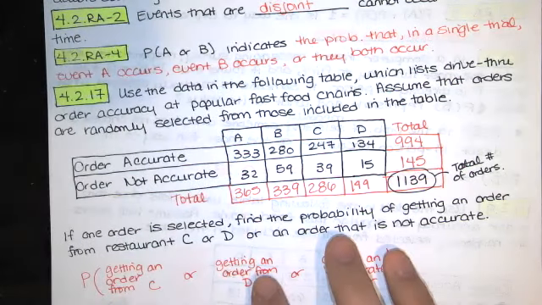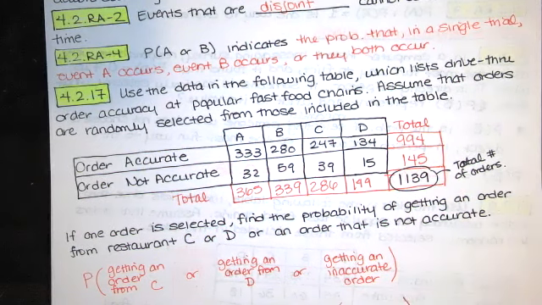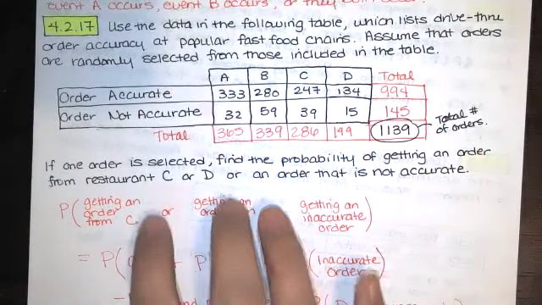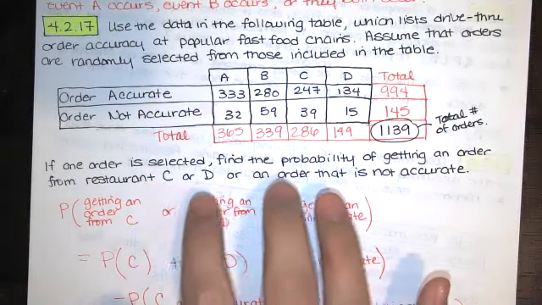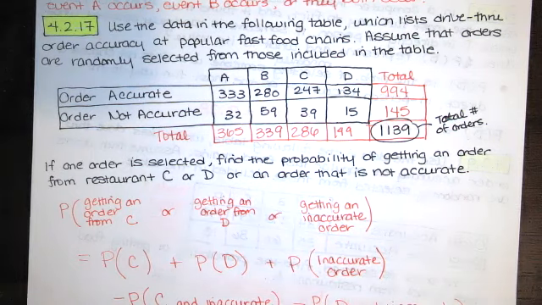Now I can answer this question. This says, if one order is randomly selected from these 1,139 orders, the question says, find the probability of getting an order from restaurant C, or getting an order from restaurant D, or getting an order that is inaccurate.